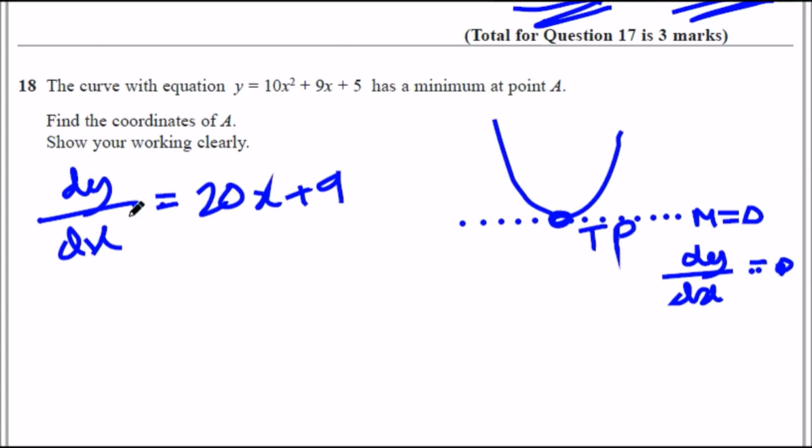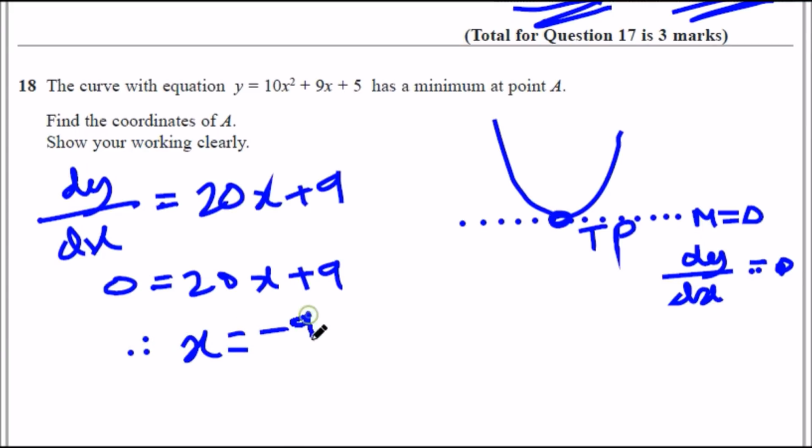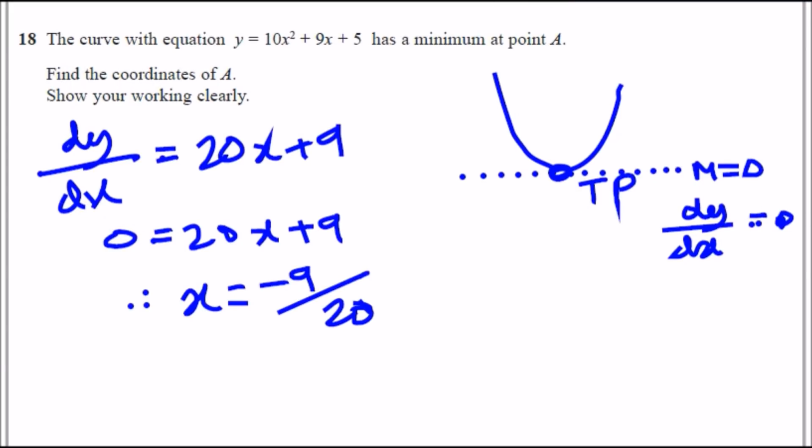Letting dy over dx equal 0, we have 0 equals 20x plus 9. Solving this, subtracting 9 and dividing by 20, x should be minus 9 over 20. That's one coordinate. Now all we have to do is plug this back into the curve equation to find the y coordinate. That will give us our turning point, or our minimum point.